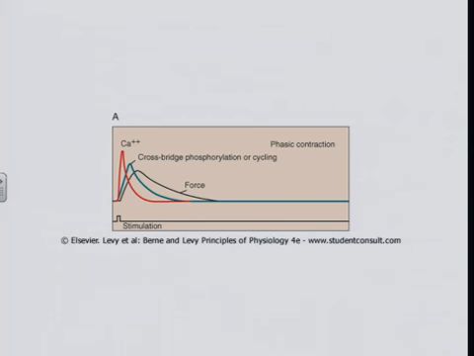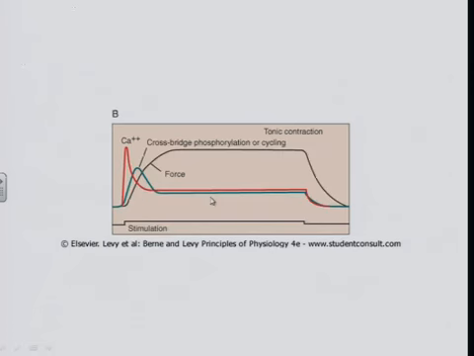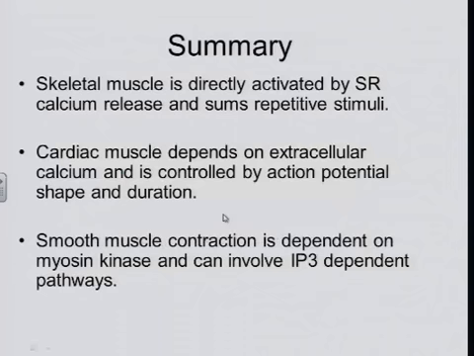It's in phase with repetitive stimulation. But similar to skeletal muscle, you can develop tetanus. Now, rather than stimulate it all the time, one of the things you can do is phosphorylate them and then stop it at a certain level. And that gives you tonic contraction or steady state contraction, and it just stays contracted.